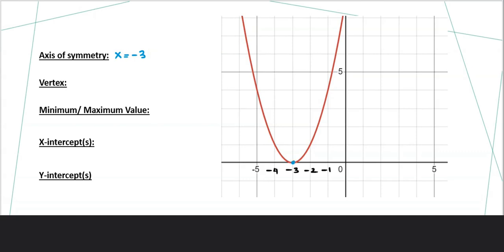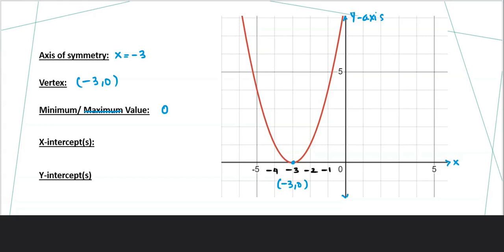The vertex is this point, where this is the x-axis and this is the y-axis. Here the vertex is on the x-axis, meaning y is 0. So it is this point, which is -3, 0. And the minimum value is 0.